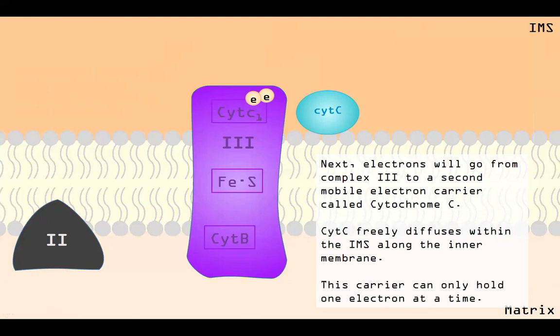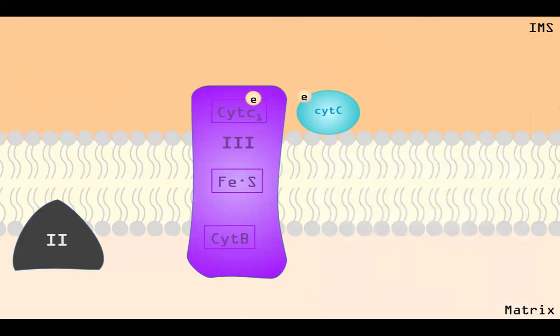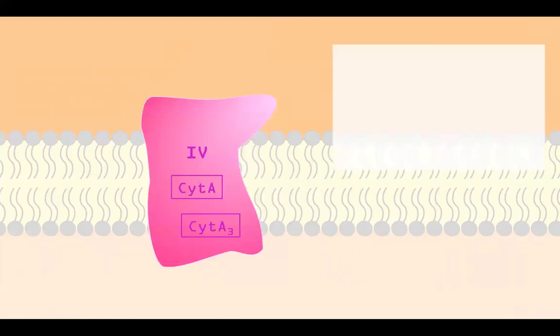This type of carrier can only hold 1 electron at a time. So we'll put one on it, and we'll send a second molecule to get our second electron. We'll take these over to complex 4. Both of our cytochrome C's arriving.